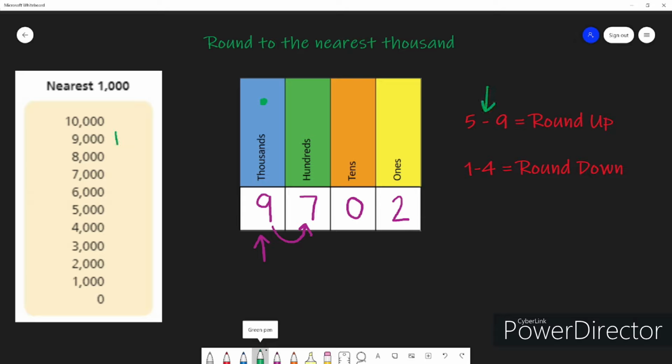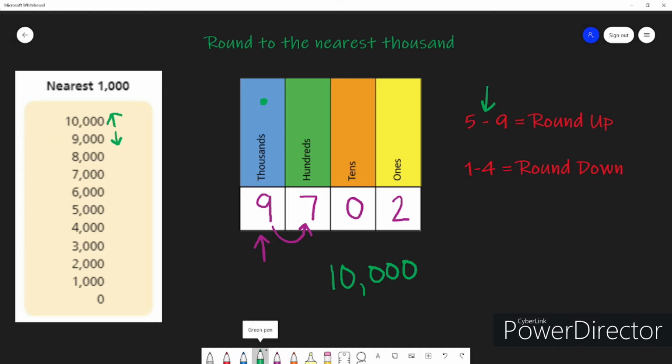So instead of going down to 9,000, as we see on the left, we're going to go up to 10,000. And that's how we end up rounding to the nearest thousand.